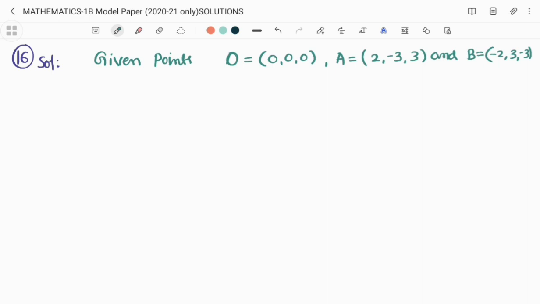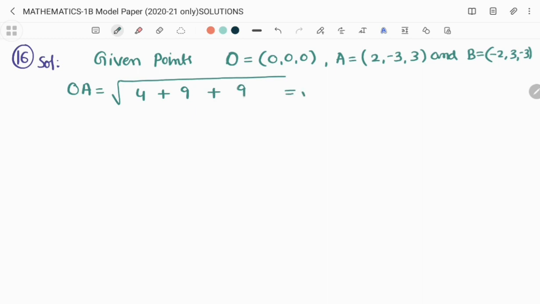First calculate the distances OA, OB and AB. So OA, the distance between the origin and the point. We know that the distance between the origin and a point is root over x square plus y square plus z square. Here A equal to 2, minus 3, 3, no? So 2 minus 0 whole square 4, minus 3 minus 0 whole square 9, 3 minus 0 whole square 9.